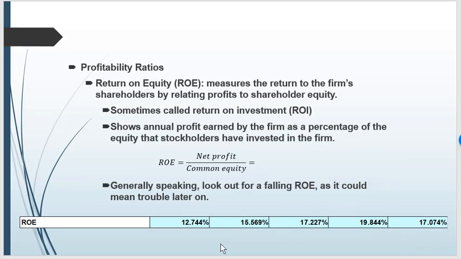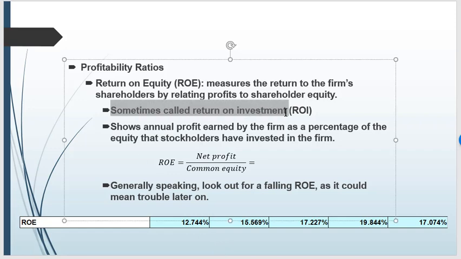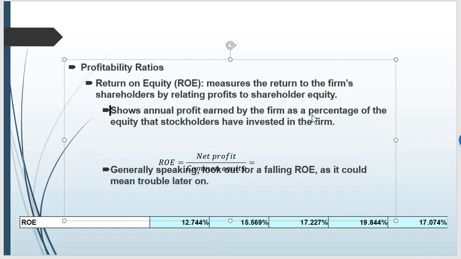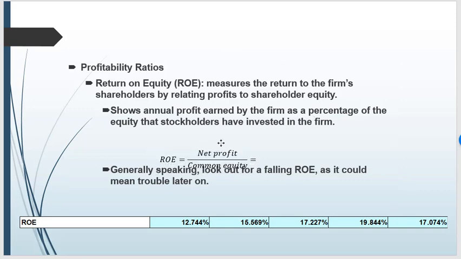Return on equity reflects the amount of return that is essentially earned on the investment of shareholders. So if you look at this, it's net profit divided by common equity. So again, a higher number is better than lower, and if this number is declining fairly rapidly, we want to pay pretty close attention to that.